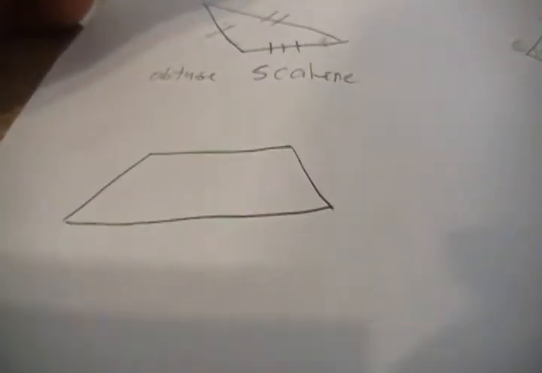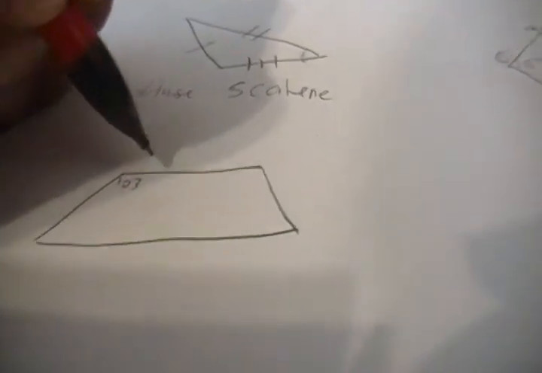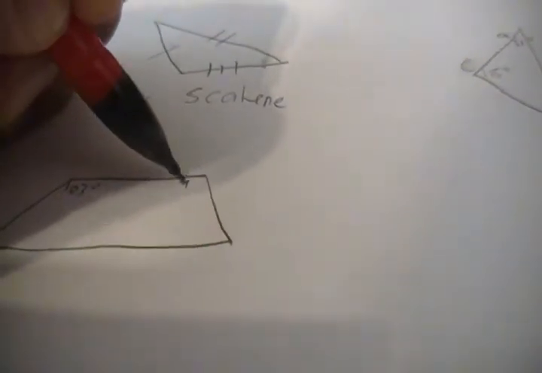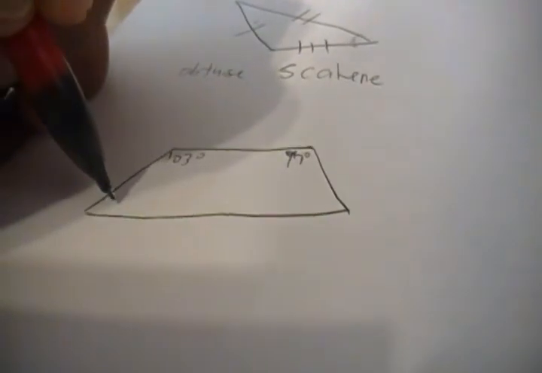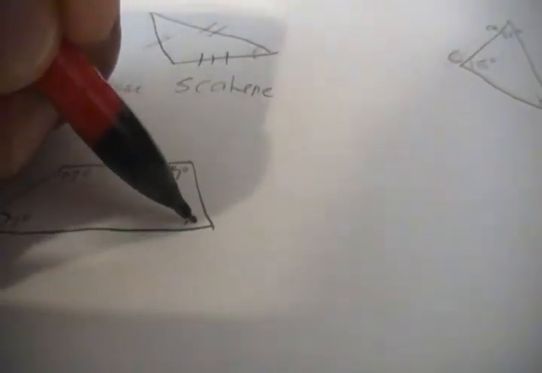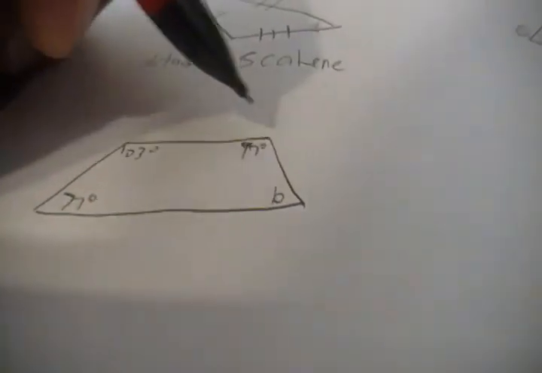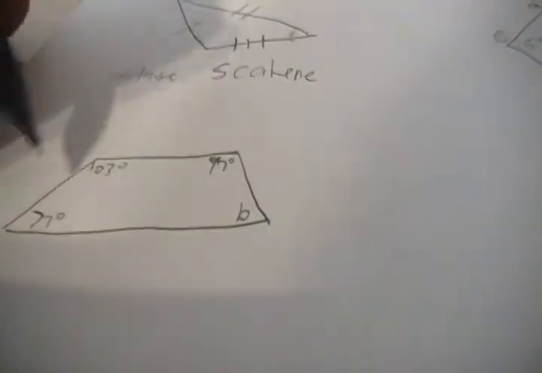For example, let's say this is 103 degrees, 97 degrees, and then 77 degrees here, and this is angle B. Let's give a variable designation for each angle.